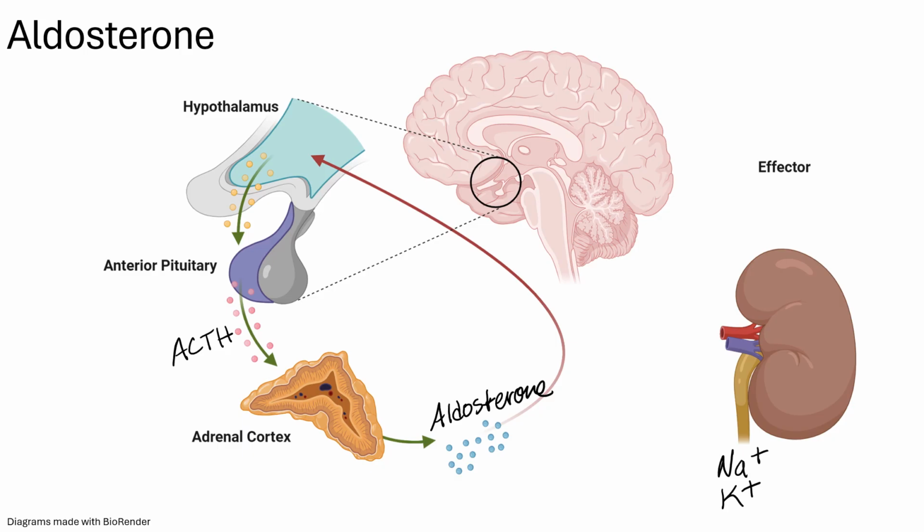But if potassium goes high, the adrenal cortex senses even just the littlest increase. It's monitoring the blood, and it releases aldosterone according to this humoral trigger. And then aldosterone, of course, goes to the kidney and makes it get rid of potassium even harder, even more than it did before.